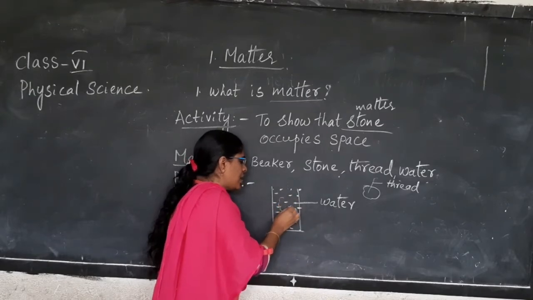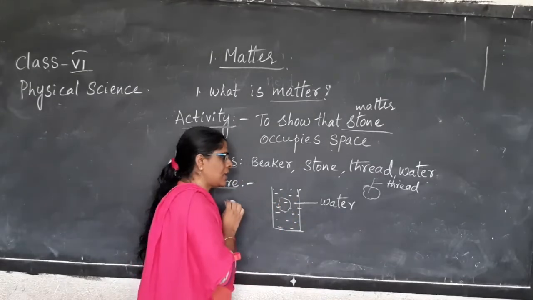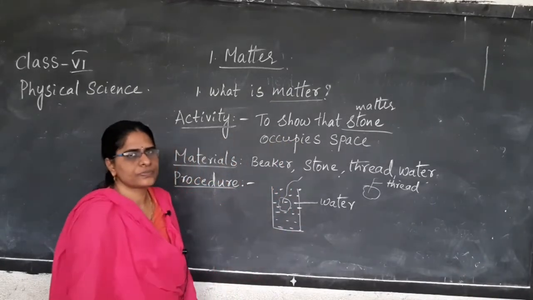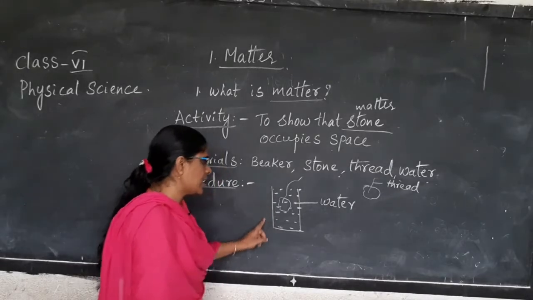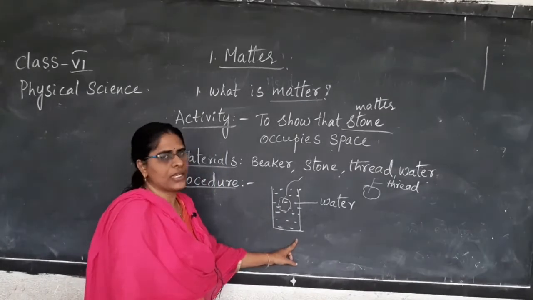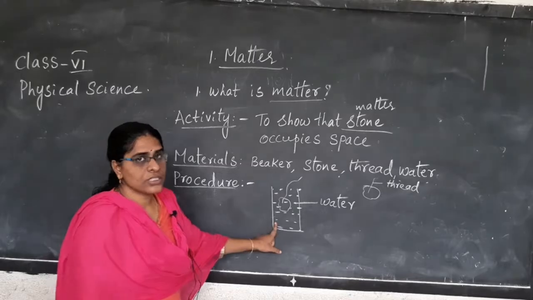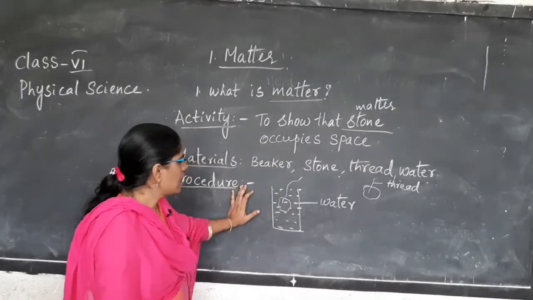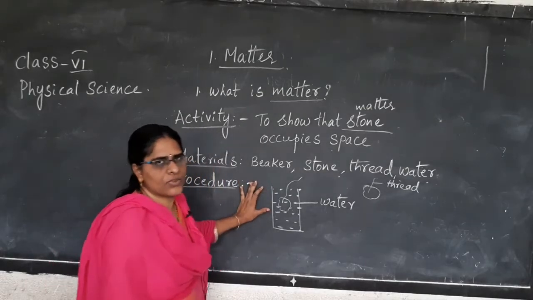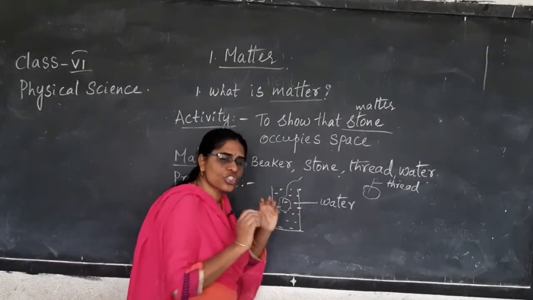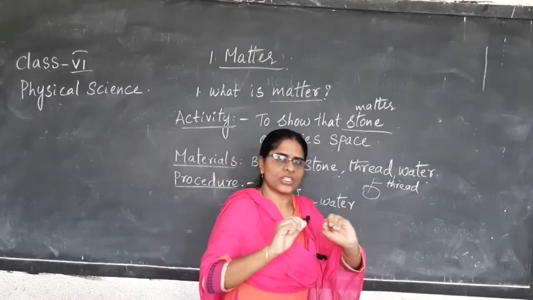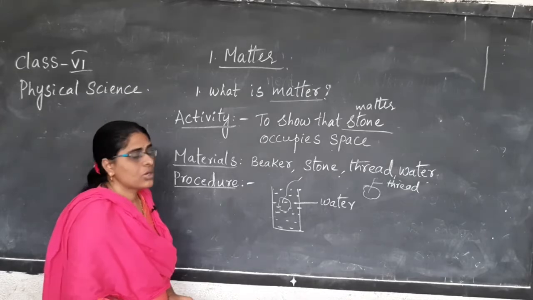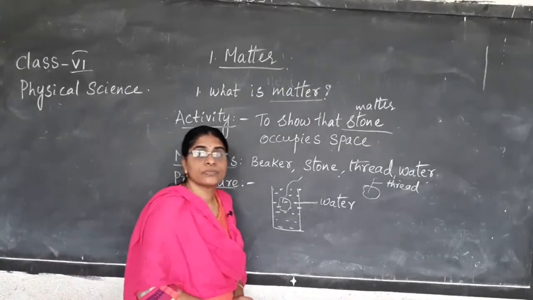Now completely immerse the stone inside the beaker with water. First what have we taken? We have taken a beaker and filled it completely with water. After that, you take a stone, tie a thread to it and dip it inside the water. What do you observe there?